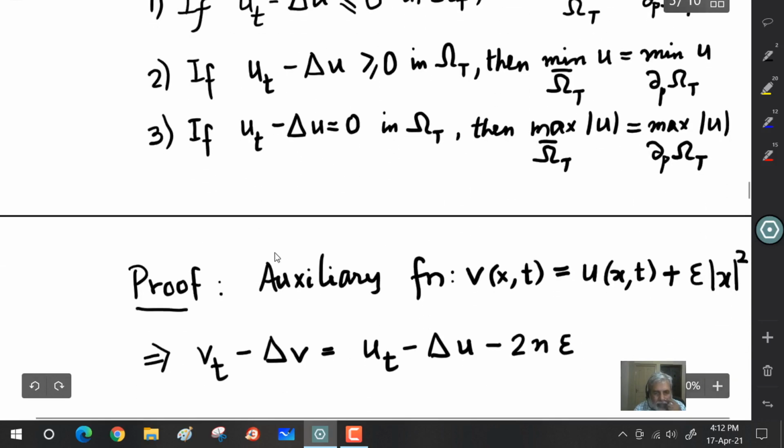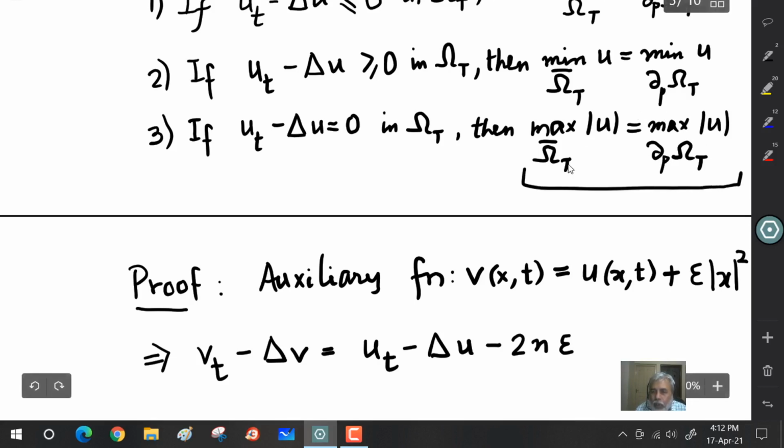And if you satisfy the heat equation in omega t, then the maximum of mod u. Both, because then this will be equivalent to both less than or equal to 0 and bigger than or equal to 0. So both the maximum and the minimum of u in omega t bar are the same as the maximum and minimum over the parabolic boundary, and that is stated by just taking mod u.